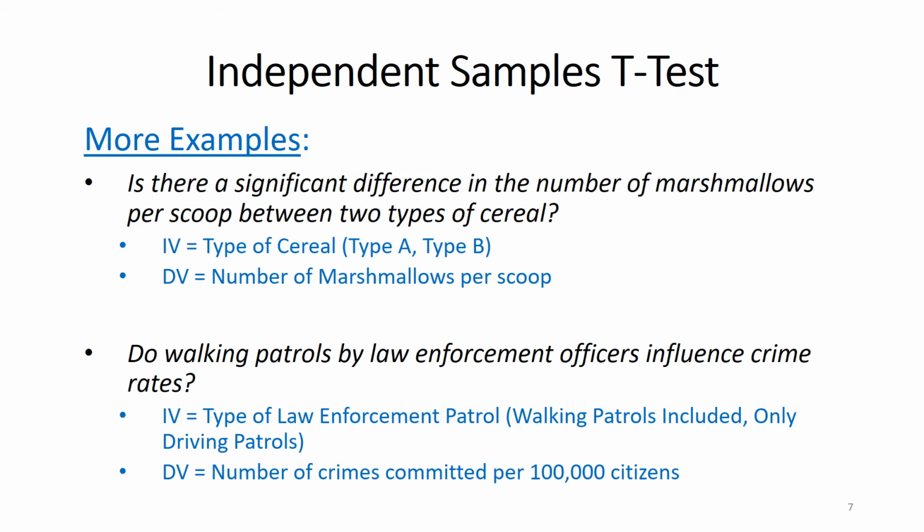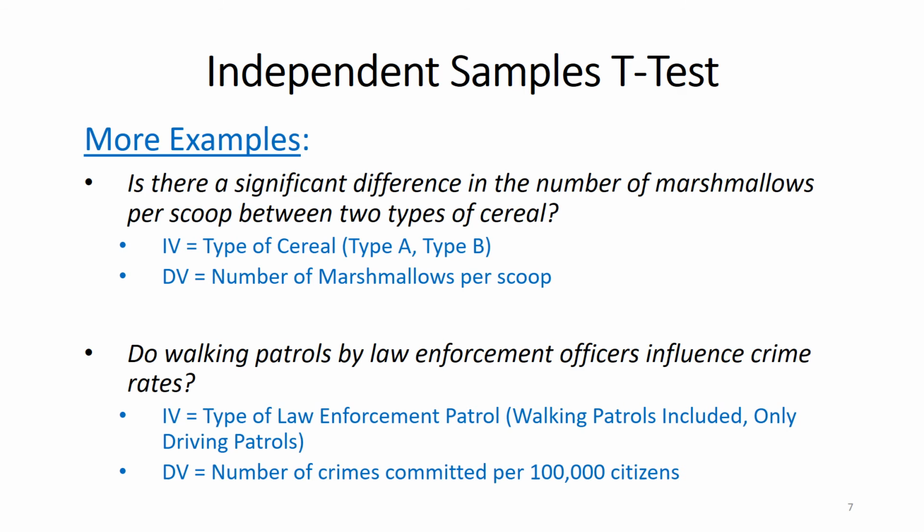So imagine we were doing a study like that where we set up 2 different types of law enforcement strategies in competing neighborhoods. In one neighborhood, we included regular walking patrols. So you'll notice when you look at my independent variable, type of law enforcement patrol, the first category says walking patrols are included.